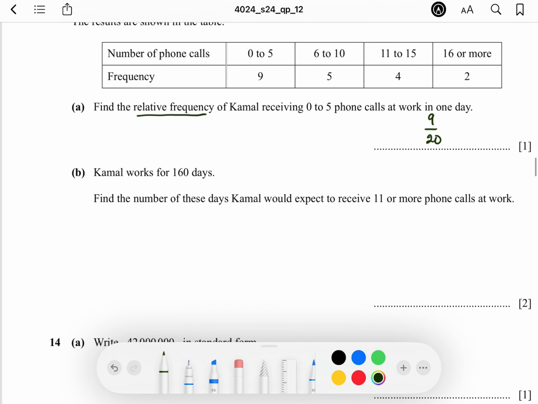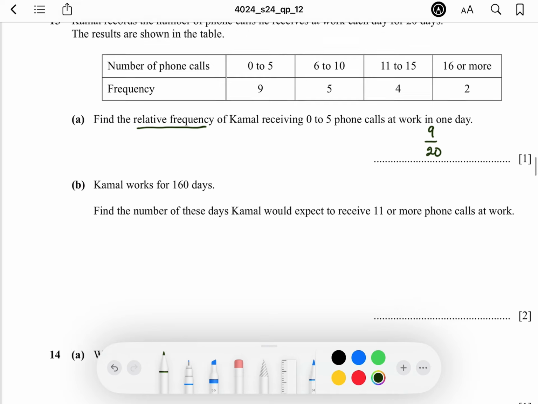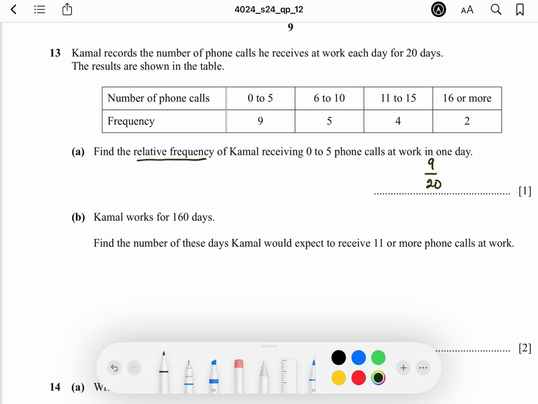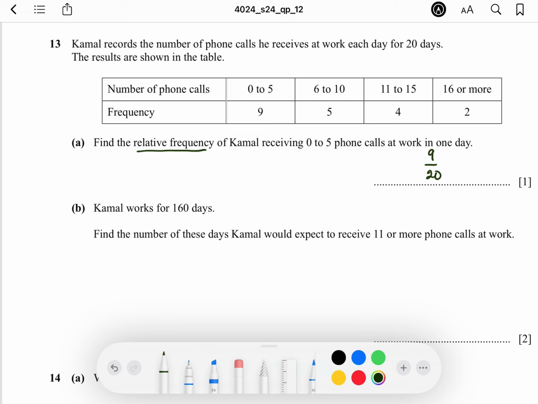Now when the question is asking for the number of days Kamal will expect to receive 11 or more, for 160 days. The original table of values is the value for how many days? 20 days. So you just do your proportion. You just count how many are 11 or more.